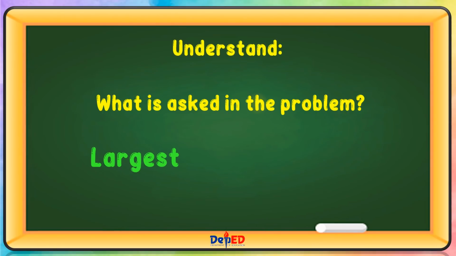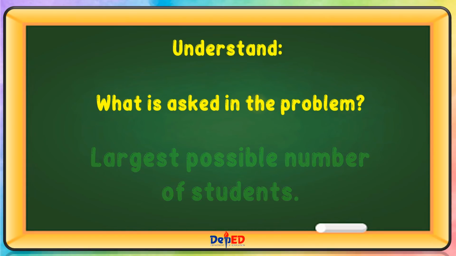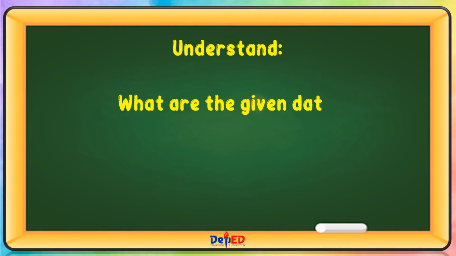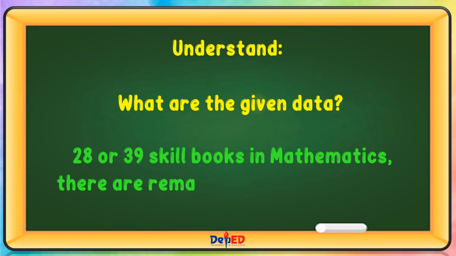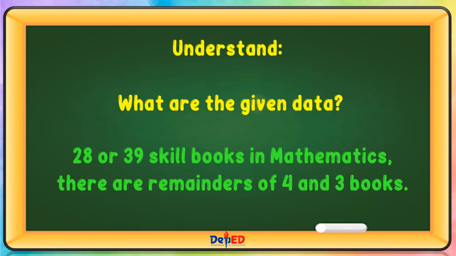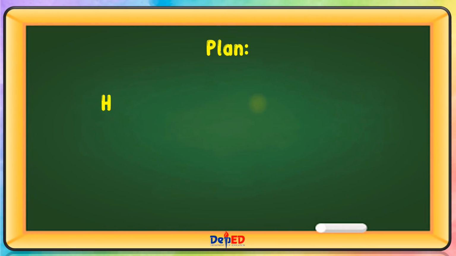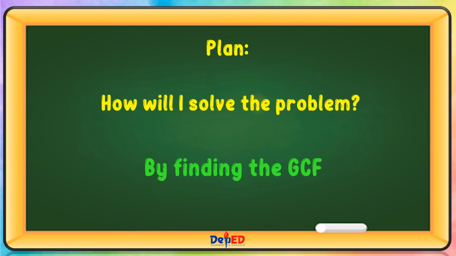The largest possible number of students. What are the given data? 28 or 39 skill books in mathematics. There are remainders of 4 and 3 books. Let us plan. How will I solve the problem? By finding the GCF.